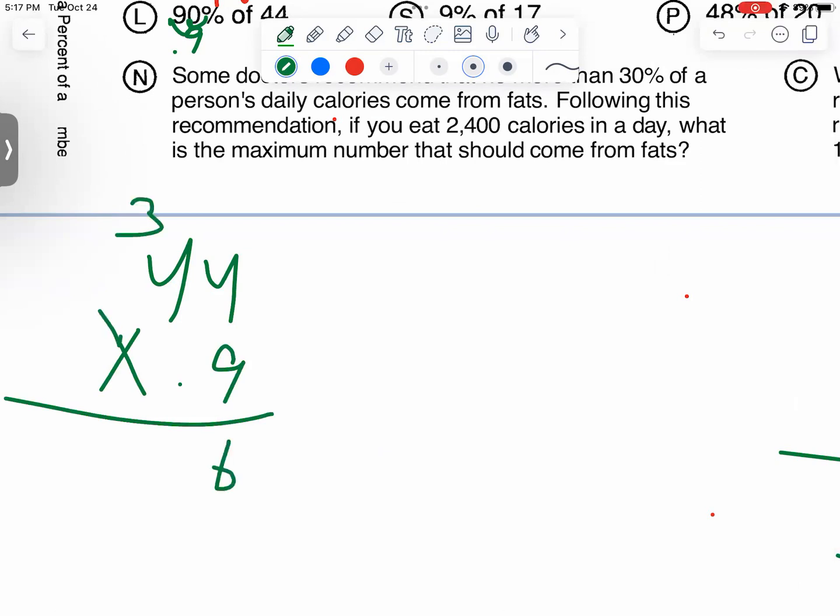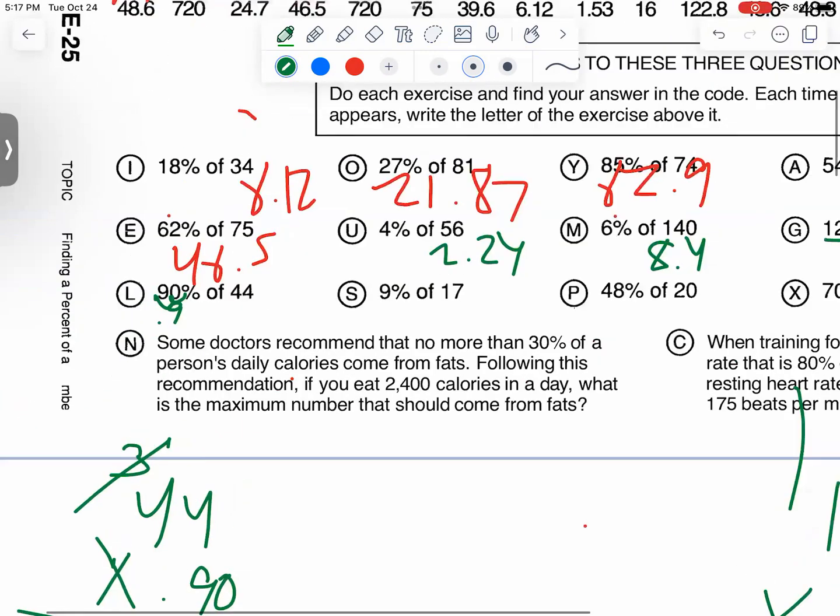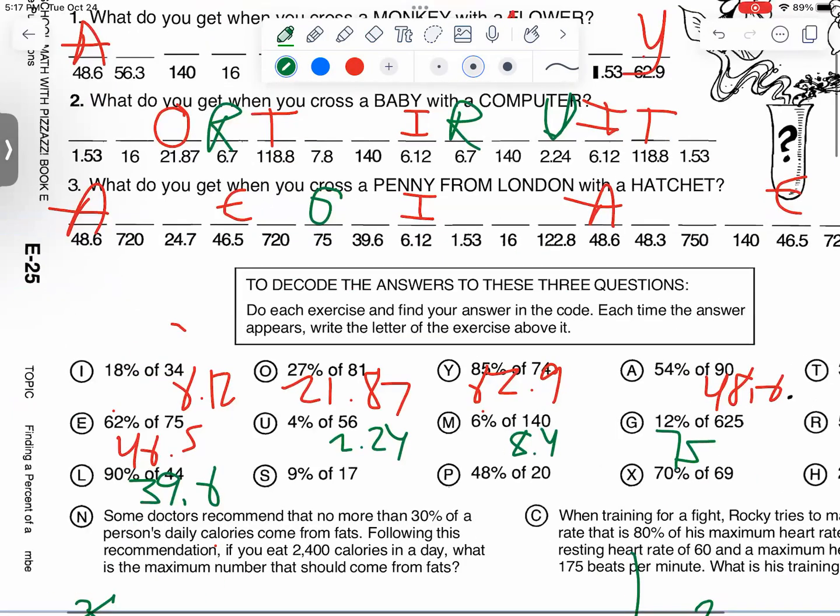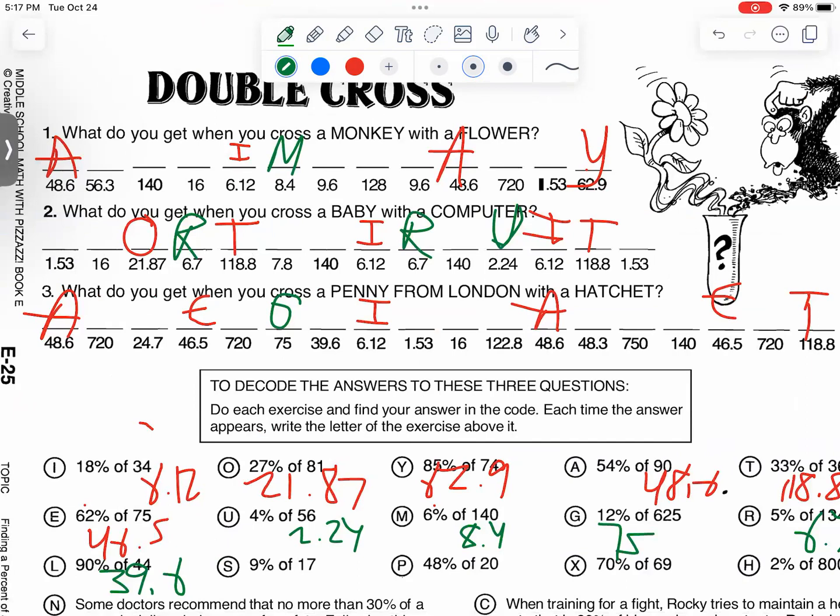There's 36, and 36 plus 3 is 39. Had you done it like this, you would have another 0 right here, right? Either way, the answer is going to be 39.60 or 39.6. Okay. All right, 39.6. There's your L right there.